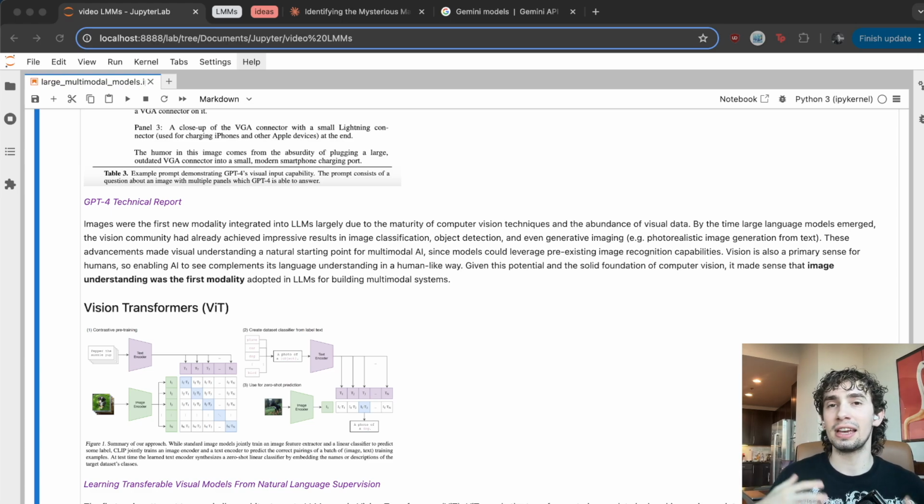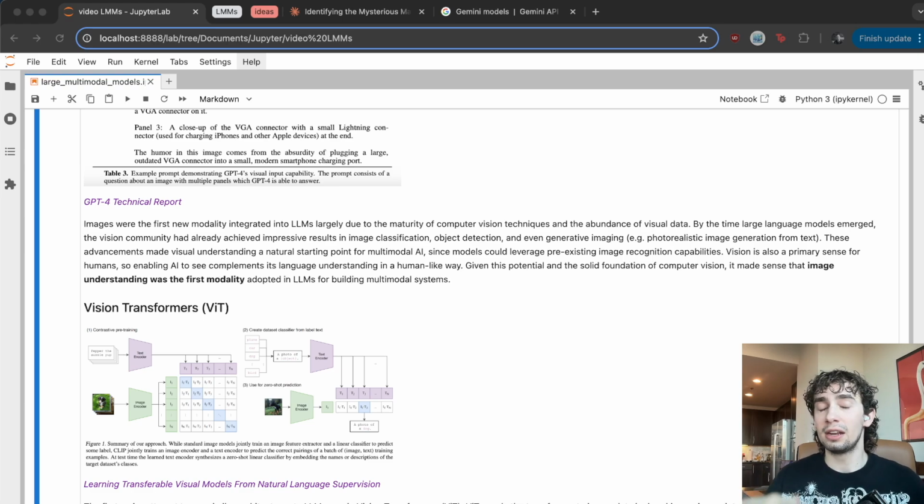Things like AlexNet, convolutional neural networks, and whatnot had already started to be applied to different tasks like image classification, object detection, and even some sort of generative imaging and the starts of being able to actually use generative models to create novel images. And so I believe that this made kind of a natural starting point for being able to apply these to these text-based systems.